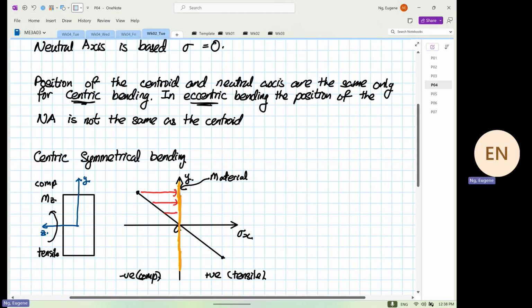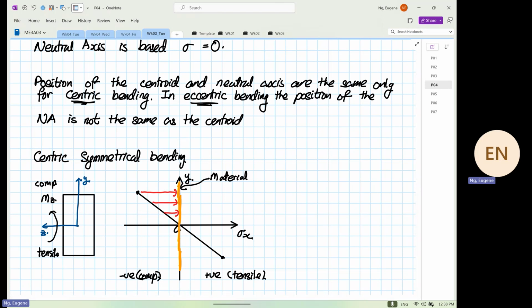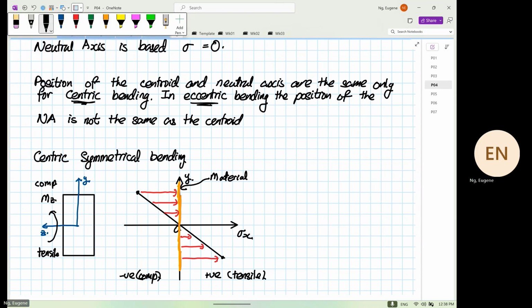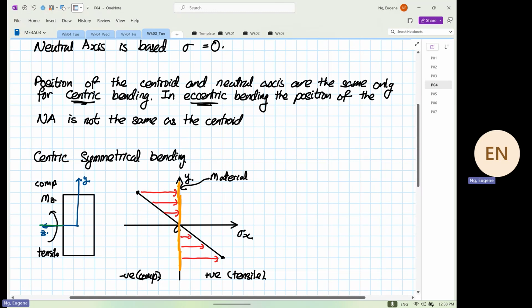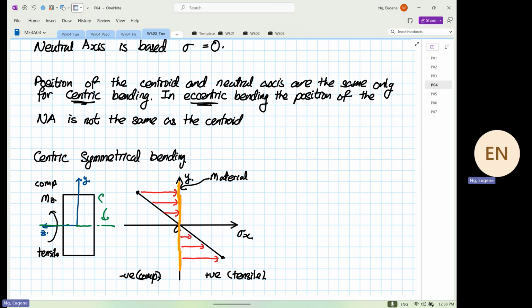Into the face of the material. Are we clear? And when it's tension, it is pulling away from the surface of the material.